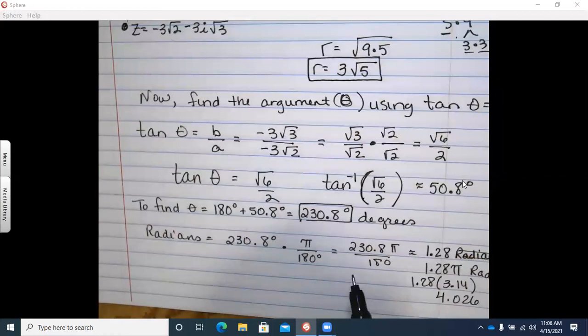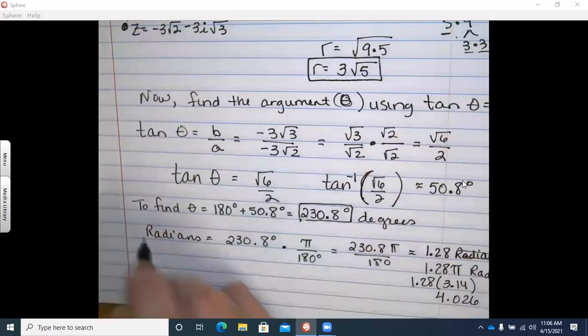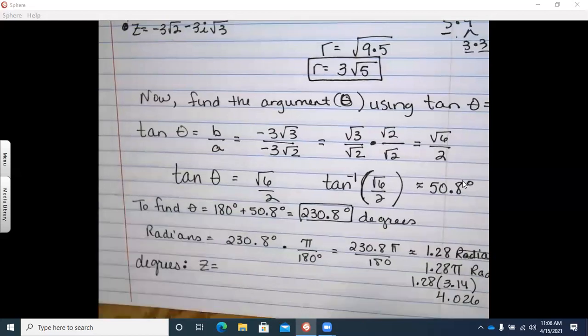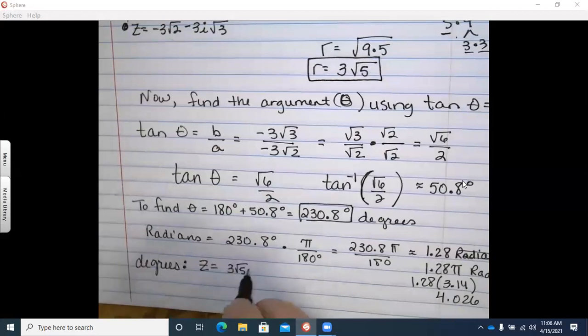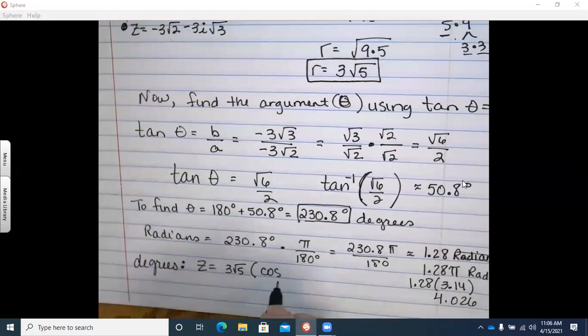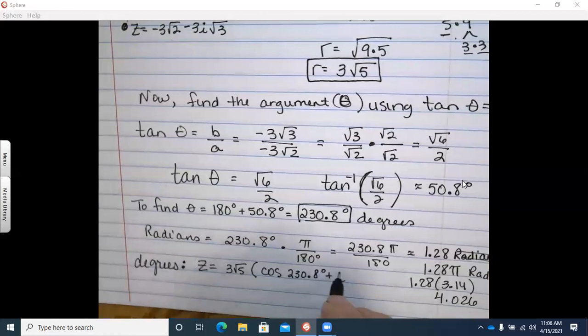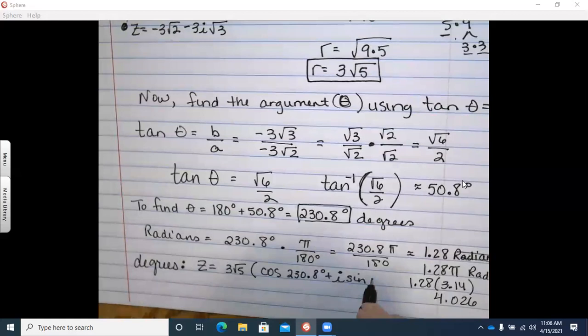Okay, so now we have everything that we need in order to write it in polar form, right? So if we want to do degrees, you say z equals your modulus, which was 3 times the square root of 5, open parentheses, cosine of 230.8 degrees, plus i times the sine of 230.8 degrees.